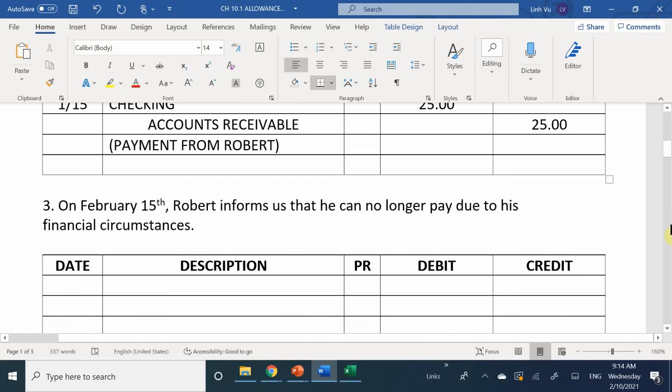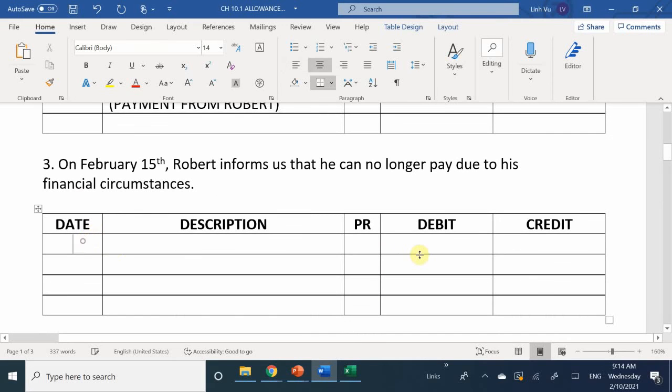So then on February 15th, Robert informs us that he can no longer pay due to his financial circumstances. Credit allowance for doubtful account. Good. So this is February 15th. Yes.